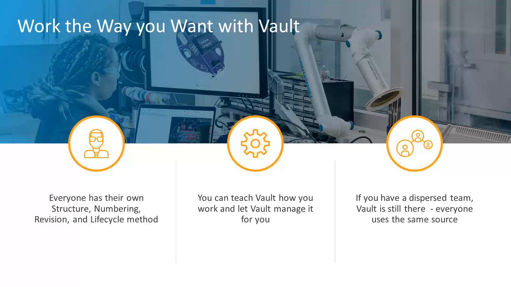You have your own lifecycle methods, or your own terminology. Teach it the words you use, this happens, then this happens, and by using centralized data management like Vault, even if you're global and you have a dispersed team, Vault is making sure everyone is using the same source of data.